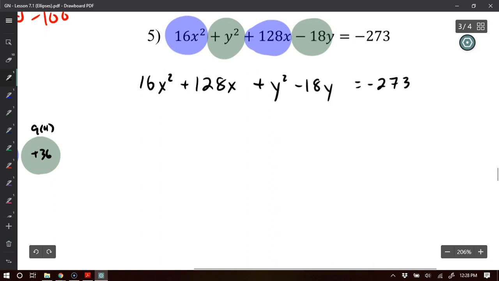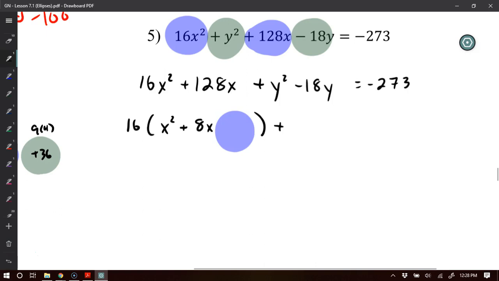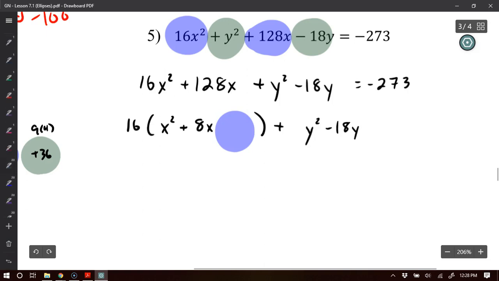-273. Well, I cannot complete the square with that 16, so I'm going to factor it out. So 16x squared plus 128x, 128 divided by 16 is 8. And I'm going to insert my placeholder there for when I complete the square. I don't have to take anything out of the y, because the y is all by itself, so I can just leave it there and put the placeholder.